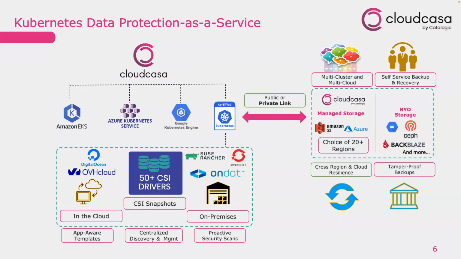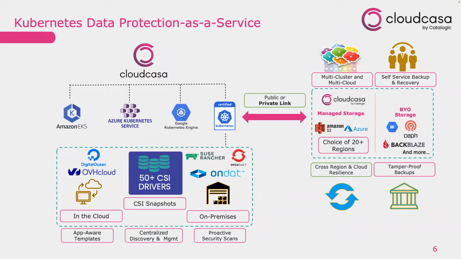It's part of the price plan or part of the free plan. You already have the storage. You don't have to go talk to another storage provider to get storage access. They already have the choice of Amazon S3 or Azure Blob Storage across probably 20 plus regions, so it enables cross-region, cross-cloud resilience.